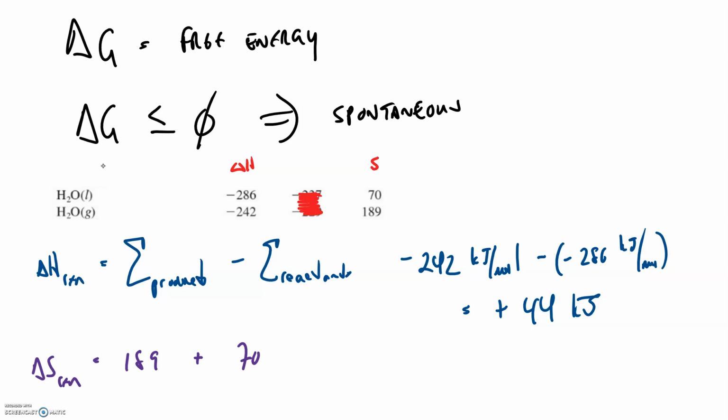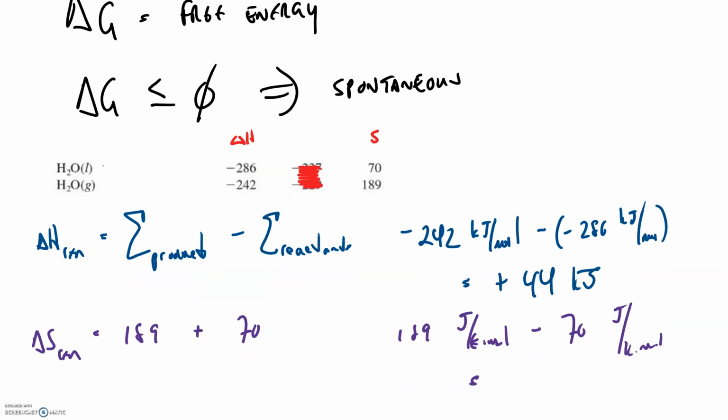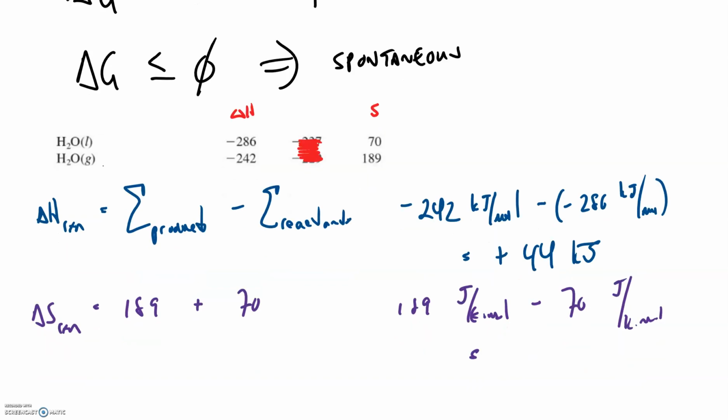So we're going to go from products to reactants, and we should know that this should be a positive delta S. So we'll say 189 minus, and remember this is in joules per Kelvin mole, so joules is pretty crucial, minus 70 joules per Kelvin mole. And our delta S should also be positive 189 minus 70.